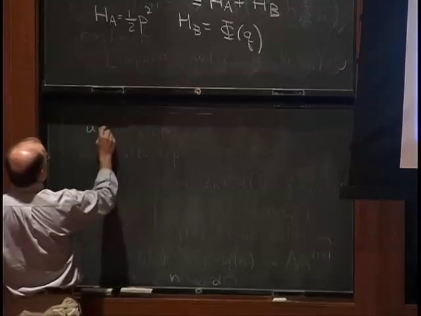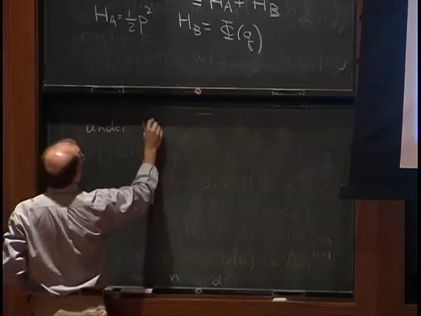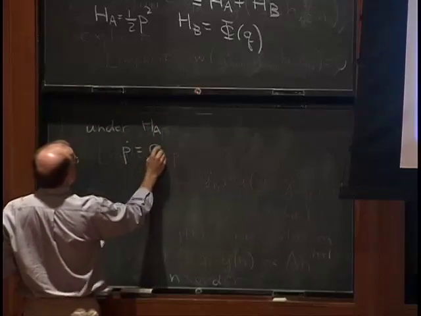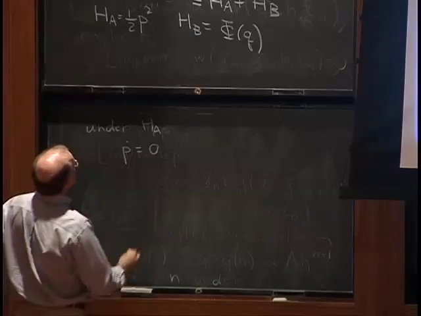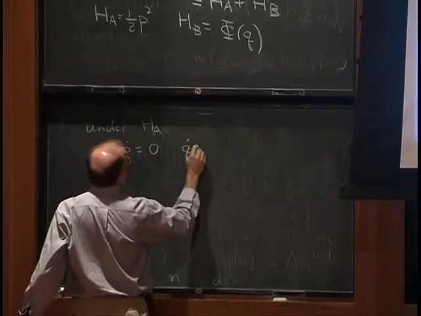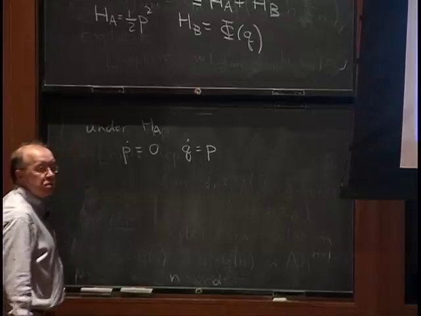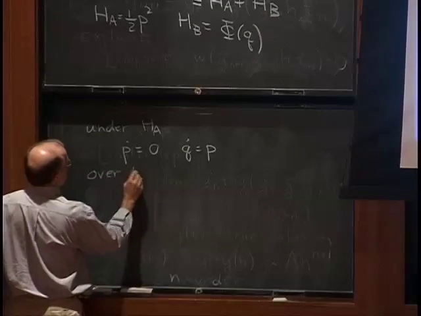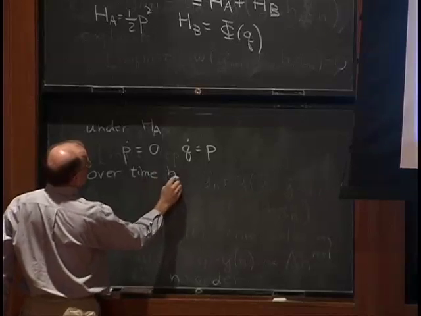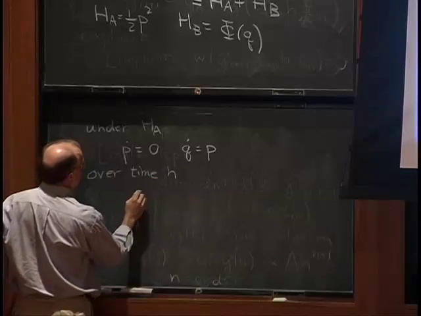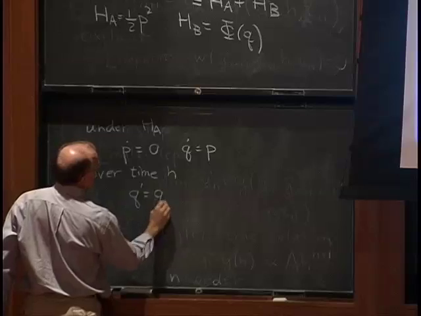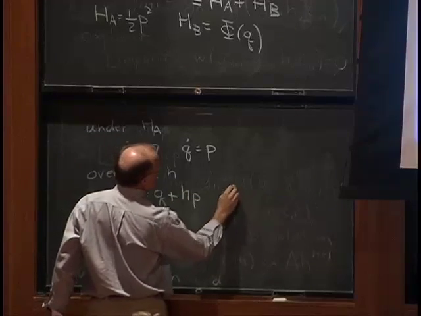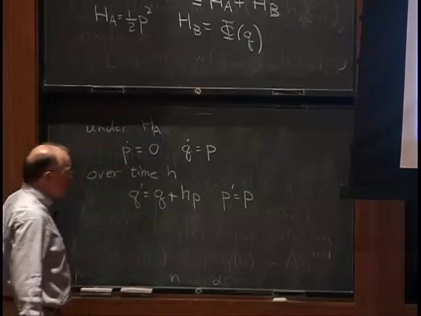So under HA, p dot is 0, and q dot is dH/dp, which is just p. So if I integrate that over a time h, I get q prime is q plus hp, p prime equals p.